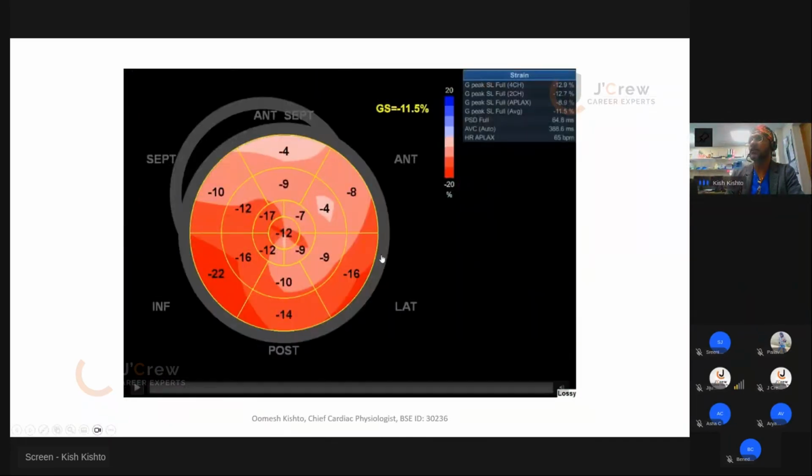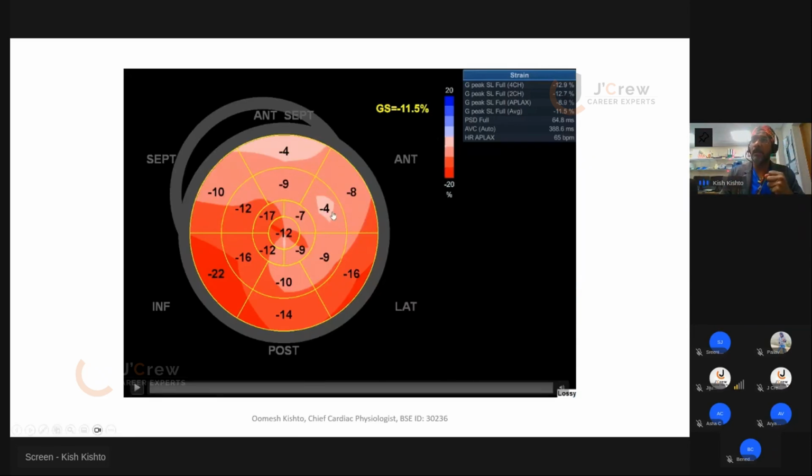So from what we've assessed so far with the regional wall motion abnormalities, from what we've seen visually from the two-chamber view, three-chamber view, and four-chamber view, as well as our short axis, now you can see from the GLS, all the dark red area is where the wall is thickening nicely.